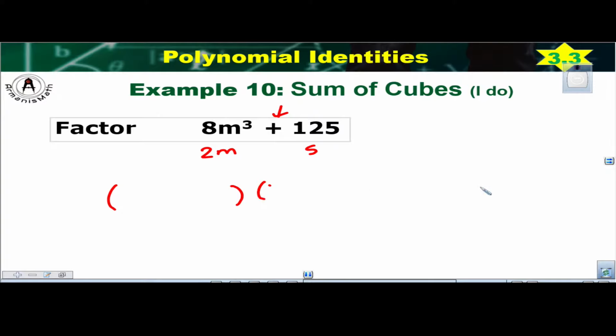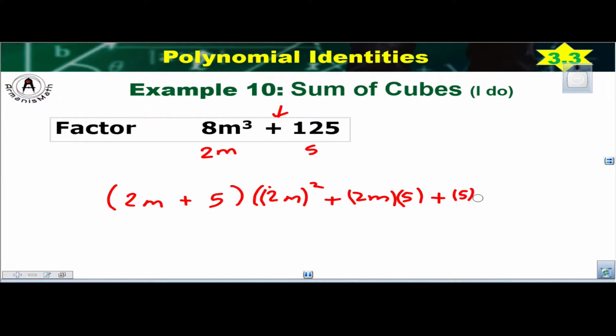And if you want to do this with me, go ahead and do that. So 2m, and then use the same plus the 5, and then I'm going to say this is 2m quantity squared. Please don't forget the quantity squared, plus the 2m times the 5, plus the 5 being squared.